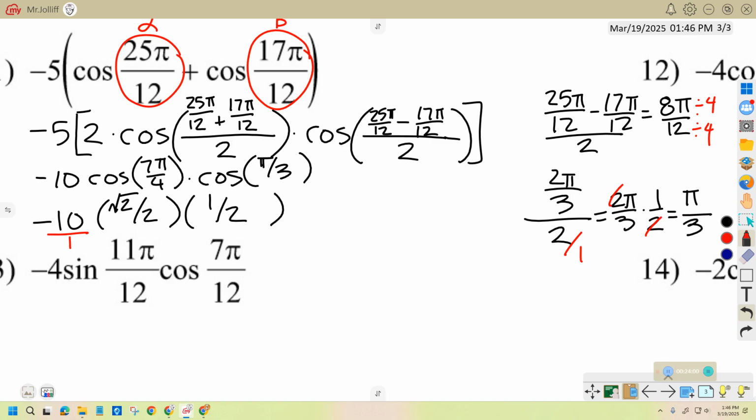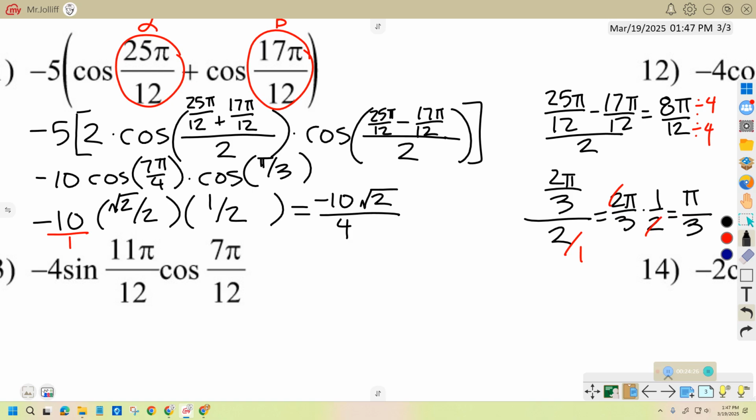And when we multiply fractions, multiply across the numerator, multiply across the denominator. So I have a 10 times a 1, that's going to be negative 10, and then the root 2. In the bottom, I have a 1 times a 2 times a 2, which is 4.